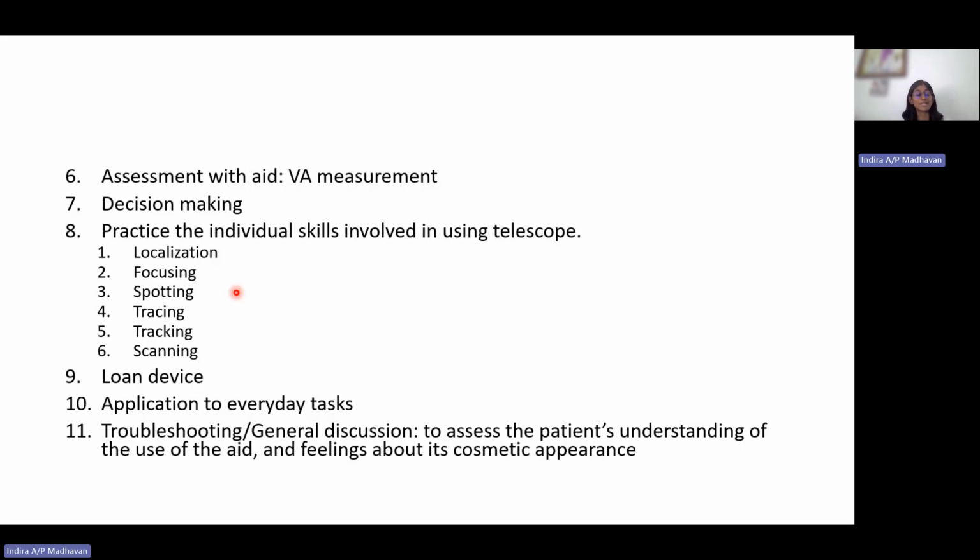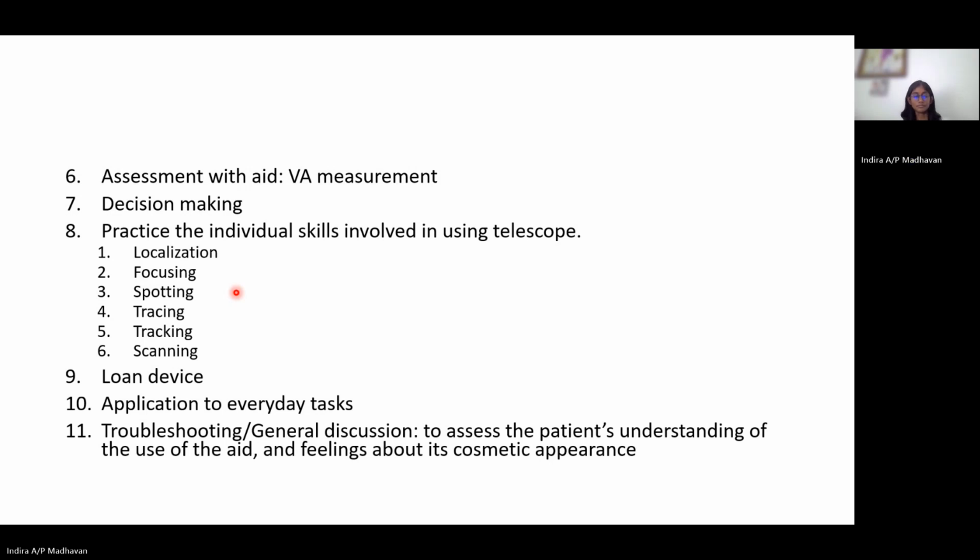Should you prescribe or not? Clinically, you don't prescribe this. Why? Because if the patient wants to actually watch television, and although the VA shows improvement, it doesn't achieve the target, then you don't need to prescribe, because even with the telescope, they will not be able to do the activity that they want. So no point prescribing them with the device.